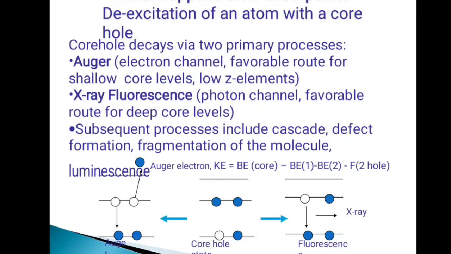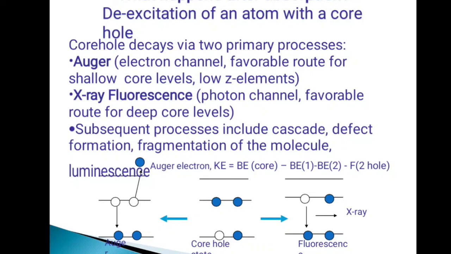Auger is the electron channel, a favorable route for shallow core levels and low Z elements. The X-ray fluorescence is the photon channel, a favorable route for deep core levels.